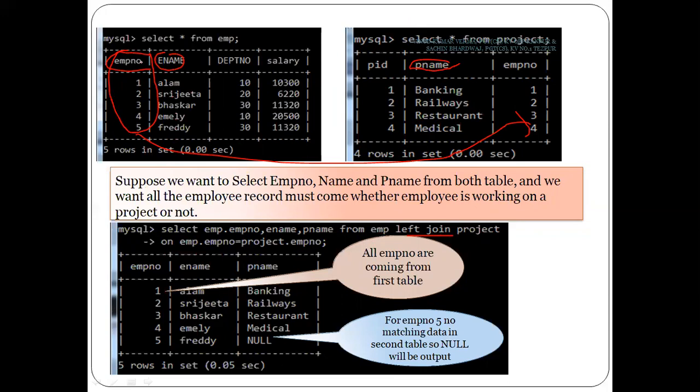Both values from this left side and this value will be matched together and it will display the result. So all employees are coming from the first table, these all. Here are all the matching values from the second table.